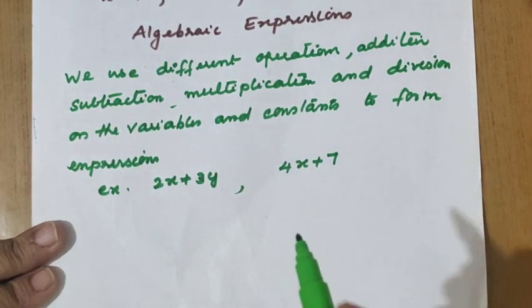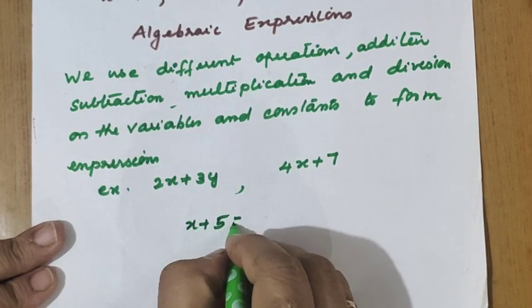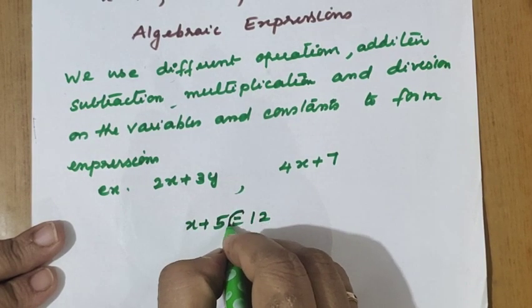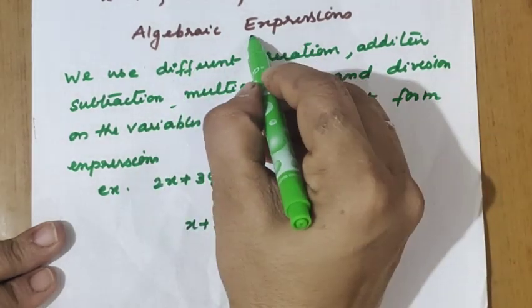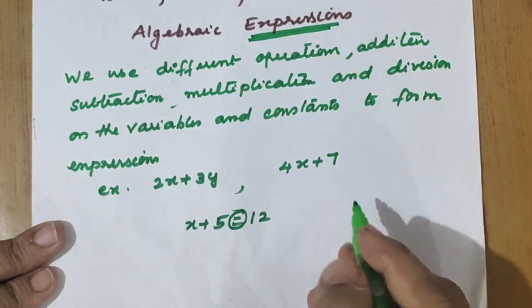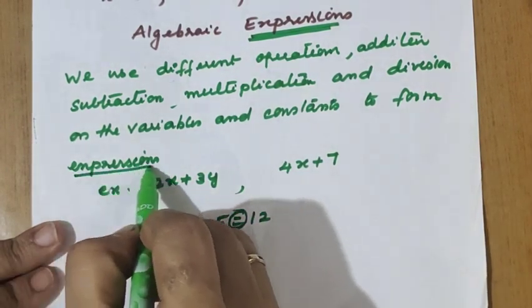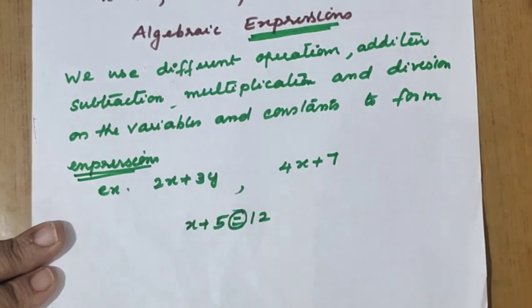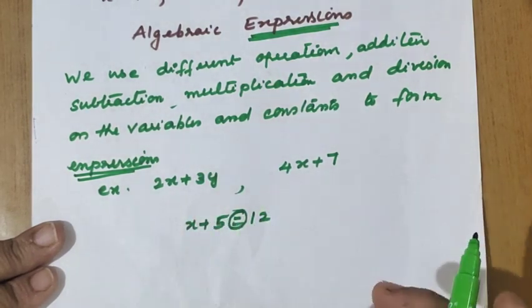So in simple equations, what you have studied, suppose x plus 5 equal to 12, you have an equality sign there. When you are talking about expressions, there is no equality sign. That is the difference between the equation and the expression.